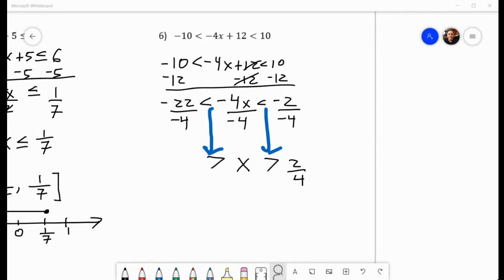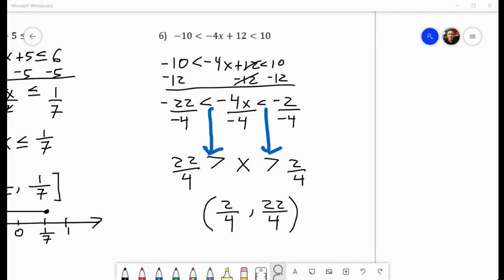We're dividing or multiplying by a negative number. So here we get 22 over 4. Now, what is this saying? This is saying x is greater than 2 over 4 and less than 22 over 4. So that's what we have here.